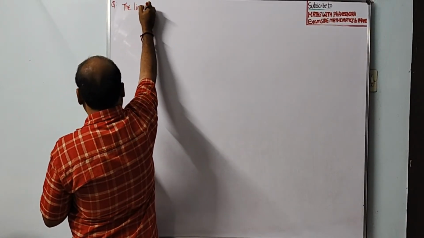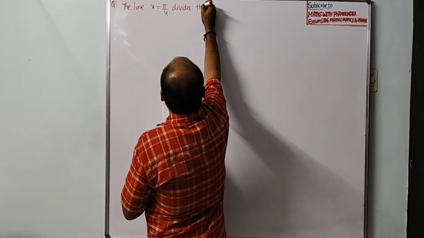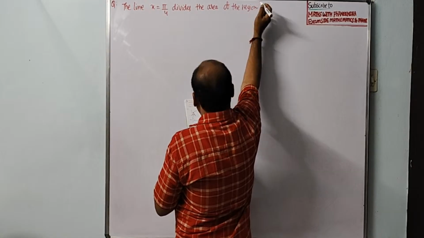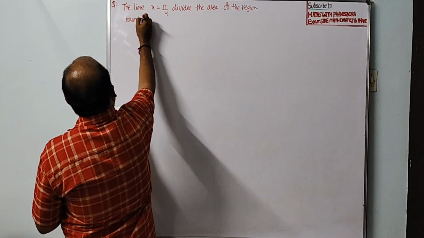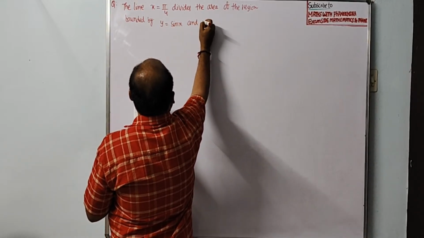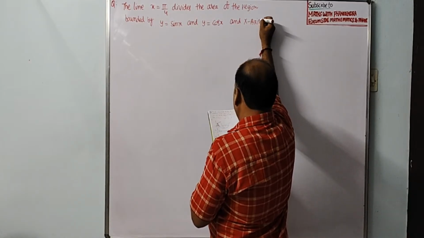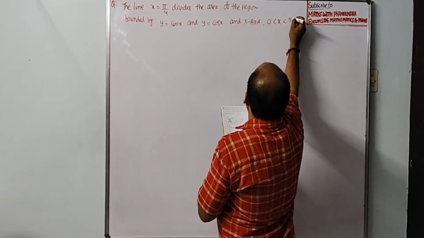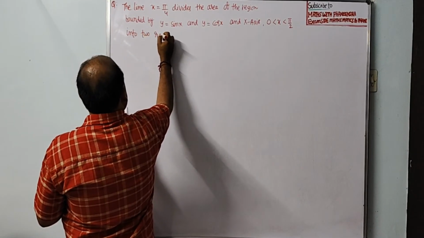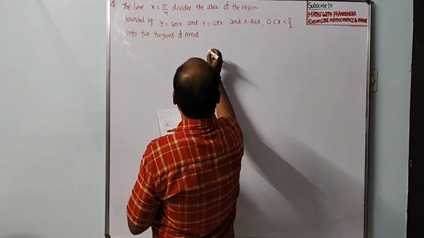The line x equal to pi by 4 divides the area of the region bounded by y equal to sin x and y equal to cos x and the x axis, 0 less than x less than pi by 2, into two regions of areas A1 and A2.